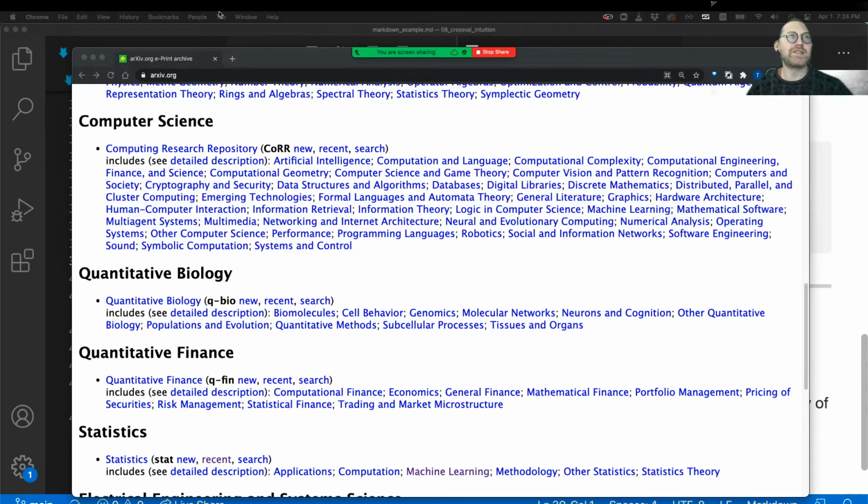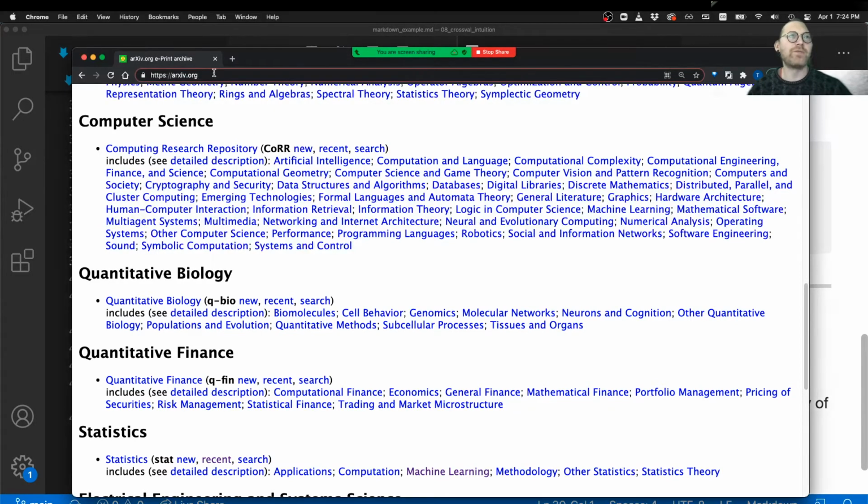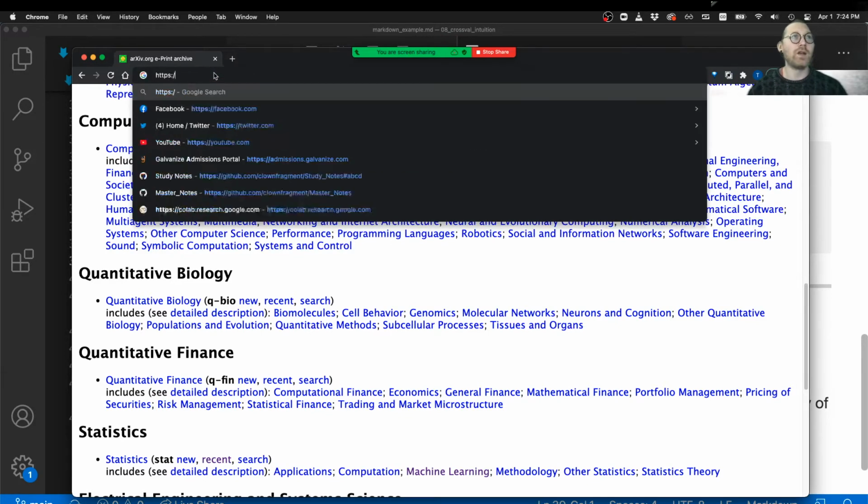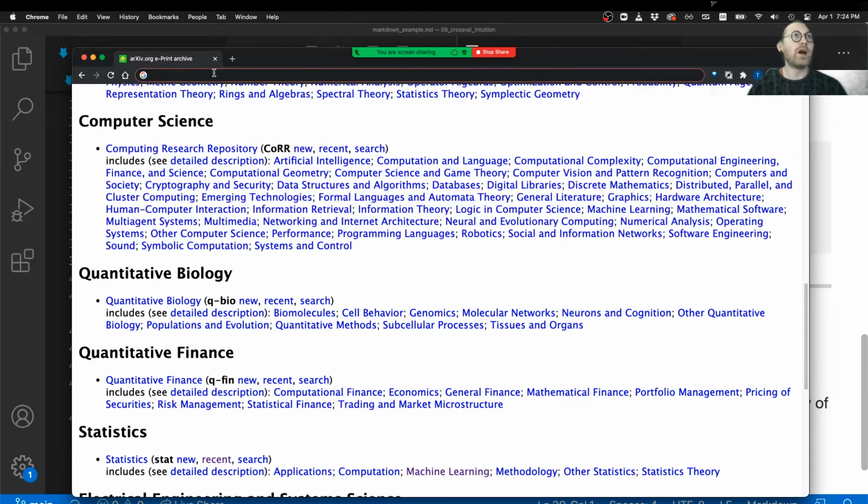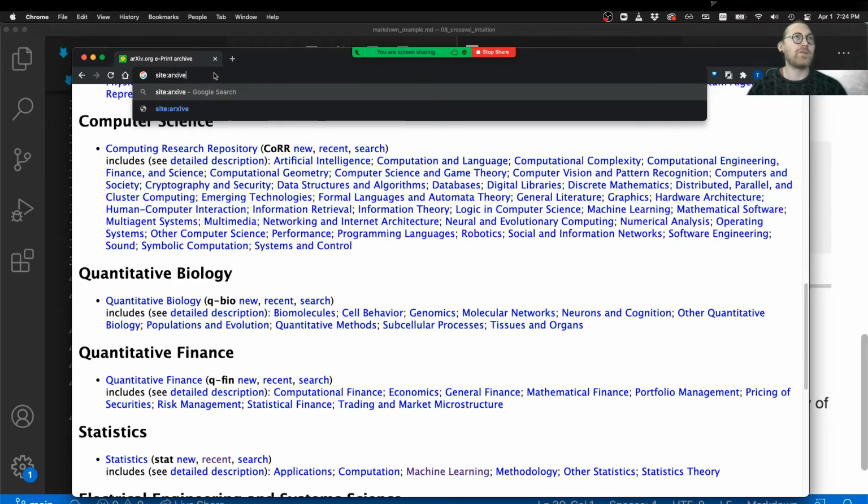Let's say I want to find something on latent Dirichlet allocation, which I'm currently doing a project with. You don't need to know what that is, but I'm going to say site arxiv.org, and I'm going to spell it correctly, and I'm going to just look up latent Dirichlet allocation.